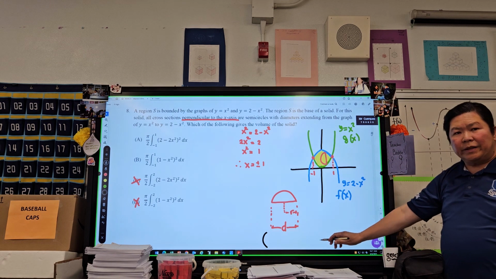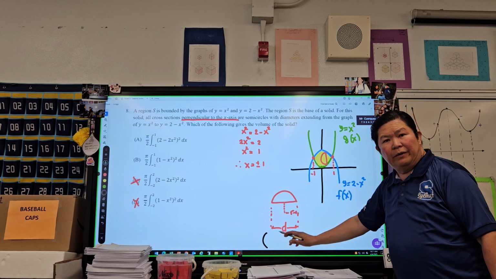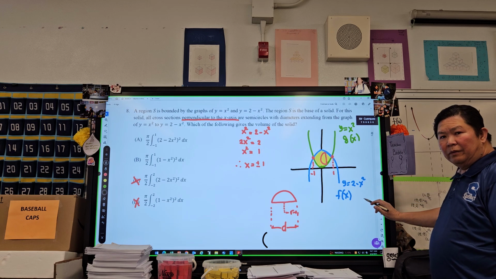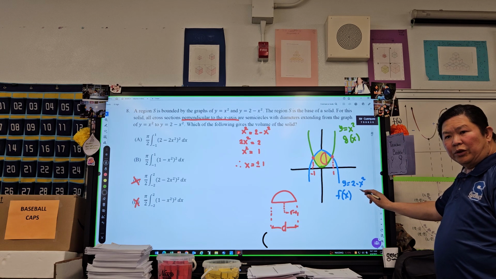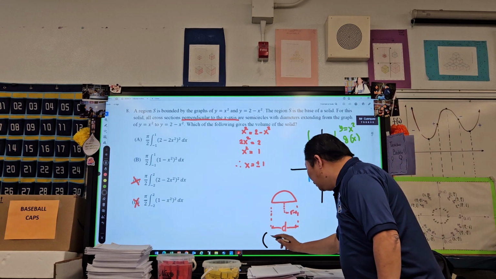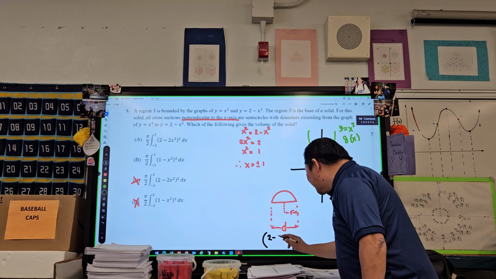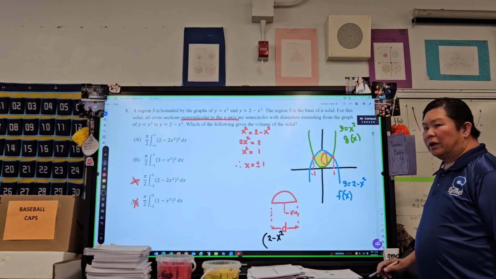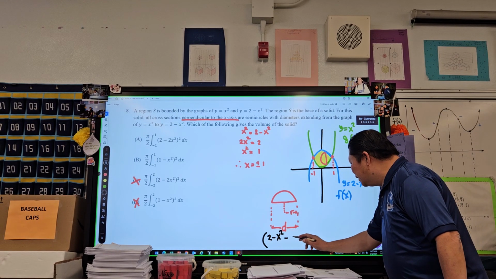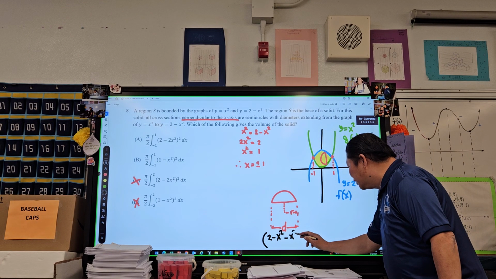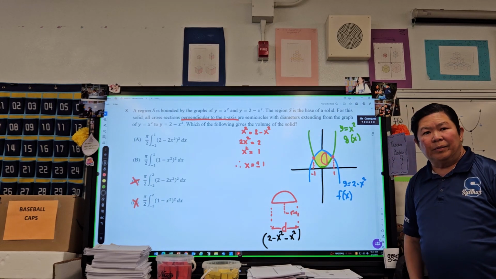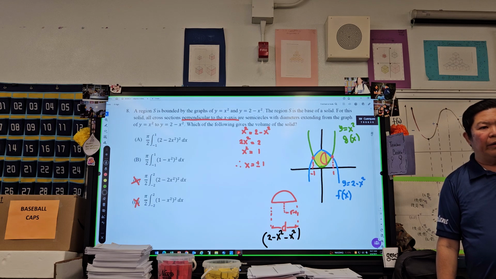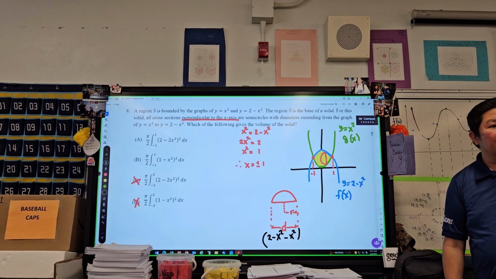So right here, let us identify this first for our diameter. This one is the diameter. What is the upper curve? The blue color, which is 2 minus x squared. So 2 minus x squared, and then minus the lower curve, minus x squared. This is in terms of diameter, right? But what is the formula for a circle? Area is equal to pi r squared.